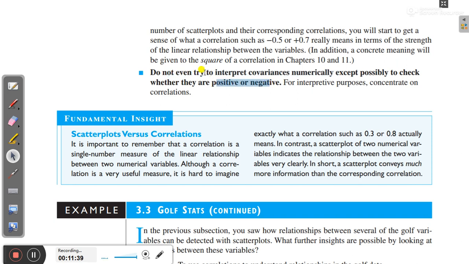So that is one suggestion. That point is that do not even try to interpret covariances to find the relationship among the numerical variables, unless you want to find that the covariance is positive or negative. It means their direction of those variable might be opposite. To find that thing, only you can try for covariance, but not for all.